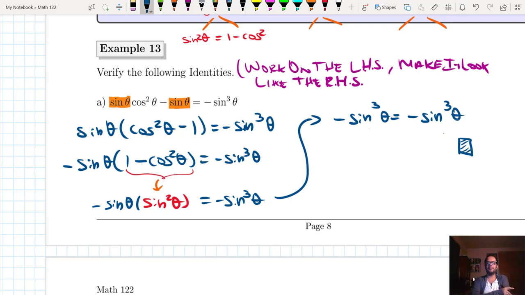And that's what we do. What did we do? We used algebraic techniques, substitutions, and changing identities in a way that we can get one side and make it look exactly like the other side. All right. So let's do another example.